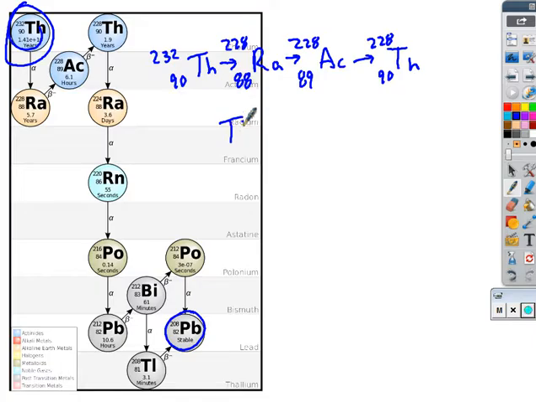Well, in this first decay, thorium-232 decaying to radon-228, well, I can use my conservation of nucleons to determine how many nucleons I'm short. And in this situation, I see that I'm short 4 total nucleons.